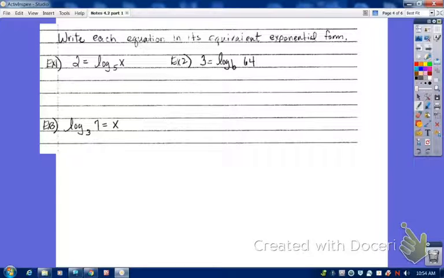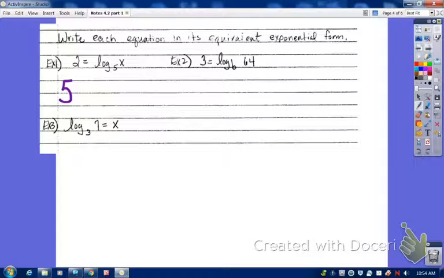The first set of your homework problems are going to say, write each equation in its equivalent exponential form. So they're going to give it to you in log form. Your base is always the little subscript, so your base is 5. Your exponent is the 2.